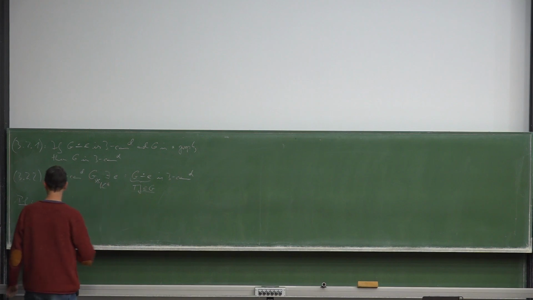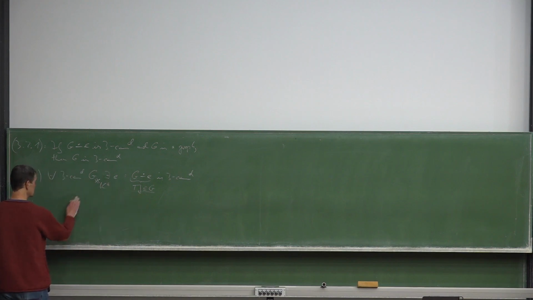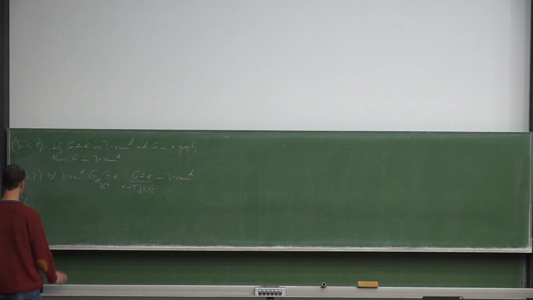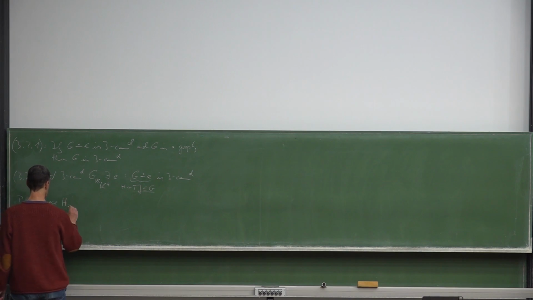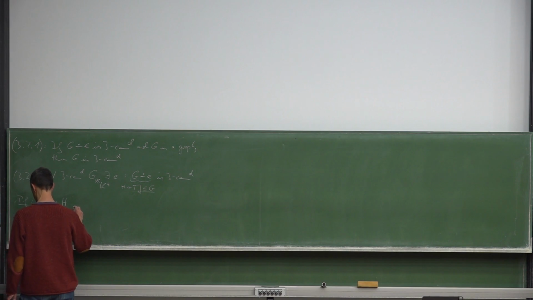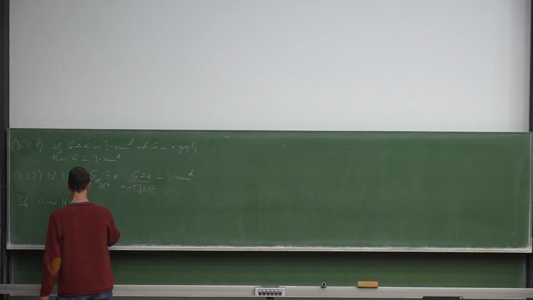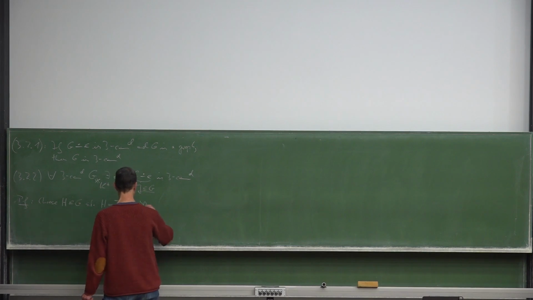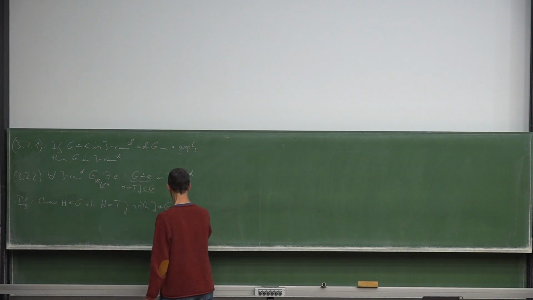So, this TJ, we'll call that H. So choose H in G so that H is a TJ with J not the entire G, 3-connected.